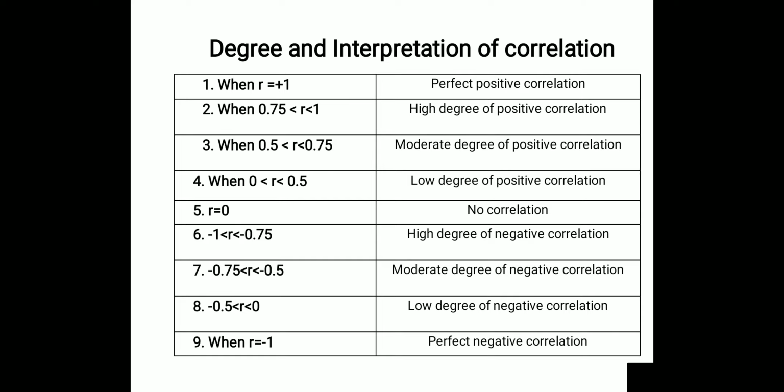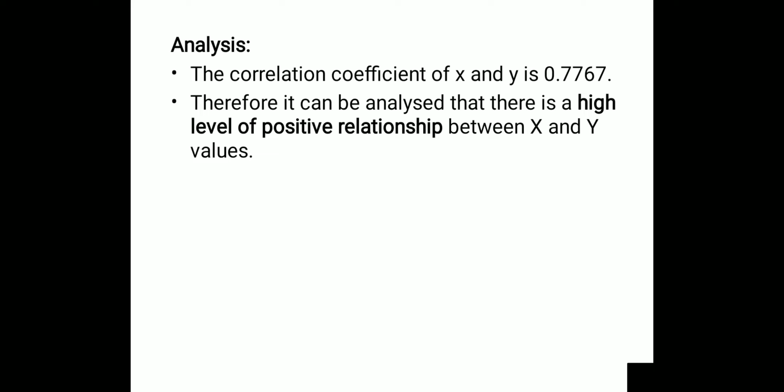So as it is 0.77, the value of correlation is a moderate degree of positive correlation. So the analysis will be, there is a high degree of positive correlation between x and y values in the present problem.